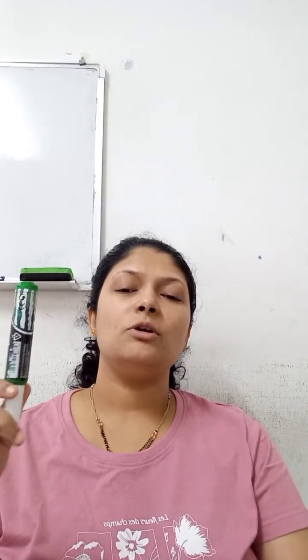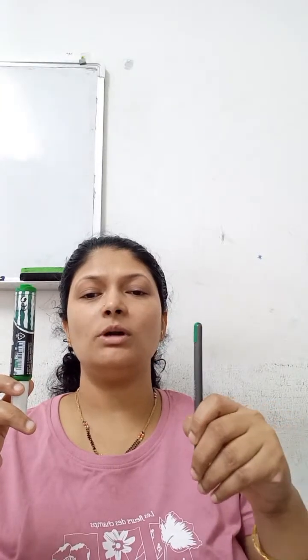Suppose this is your mirror, and the object is somewhere here. Initially it is at a certain distance, then slowly it comes towards the mirror, and when it is very, very close to the mirror, the image formed is virtual and erect.